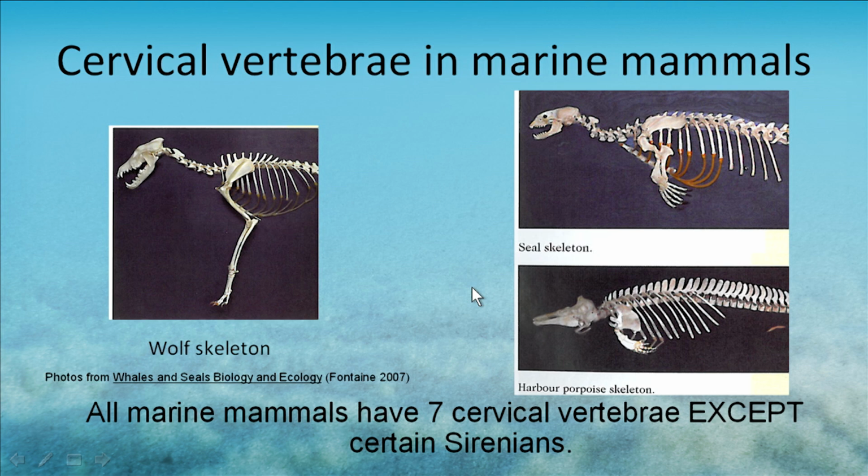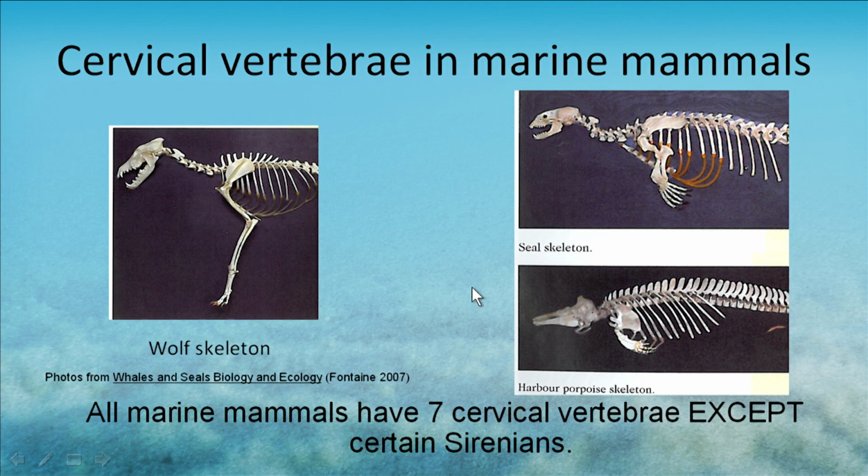Now, a very interesting feature about cervical vertebrae in mammals in general is that almost every mammal has 7. And it doesn't matter how long the neck is, because clearly the cervical vertebrae form the neck. Giraffes, which have the longest necks, still have 7 cervical vertebrae. They're just huge and elongated. Whereas mammals that have almost no neck, such as many whales and dolphins, still have 7 cervical vertebrae.